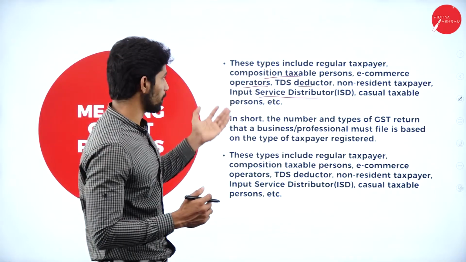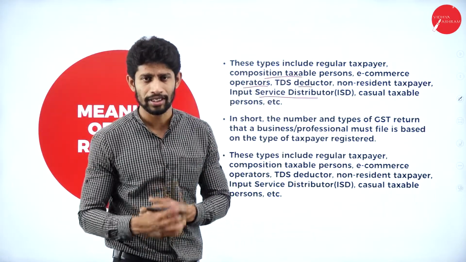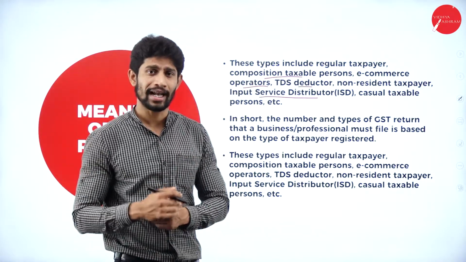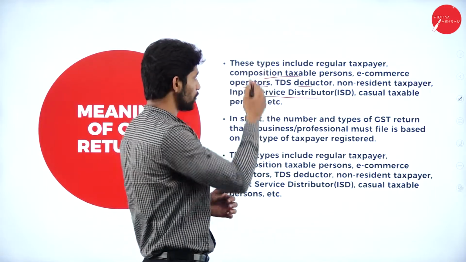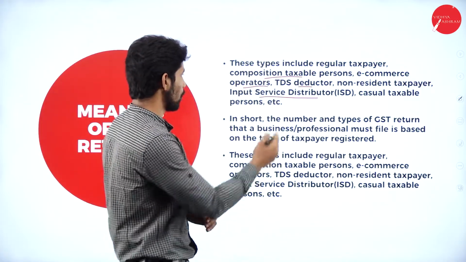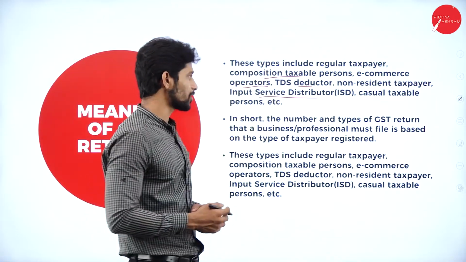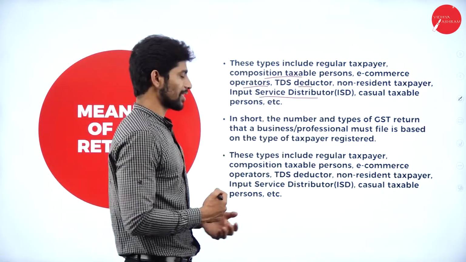So which are those people? Those people are regular taxpayers who pay the tax regularly to the government. Those people are going to register under the GSTR and they are going to file the GSTR returns. And composition taxable person, and also e-commerce operators, TDS deductors, non-resident taxpayers, input service distributor, and the casual taxable person.